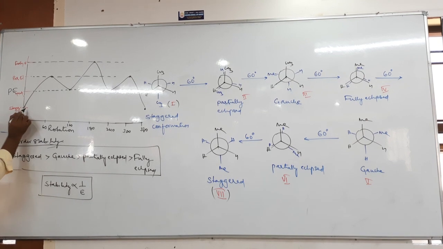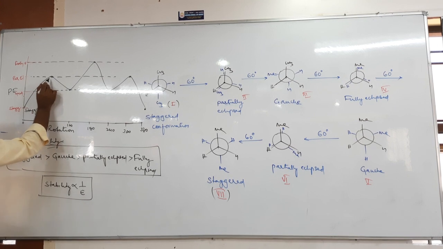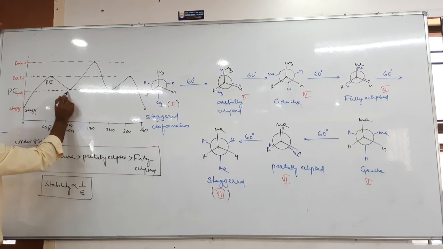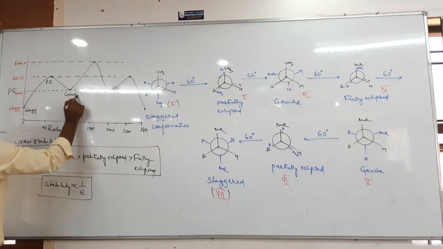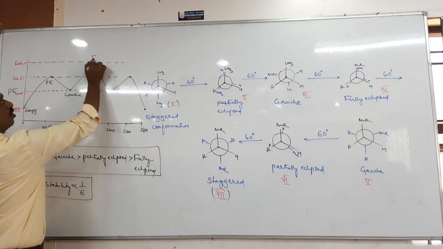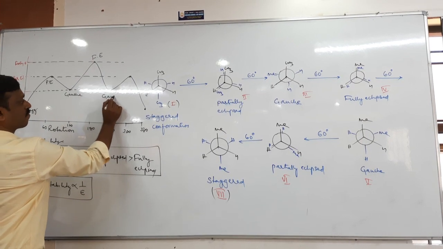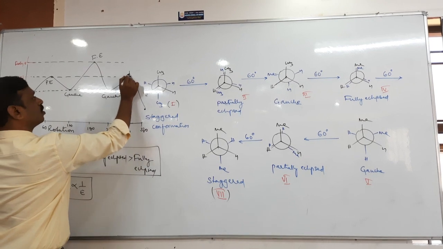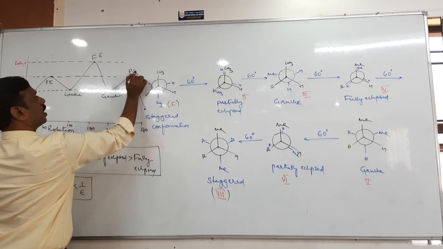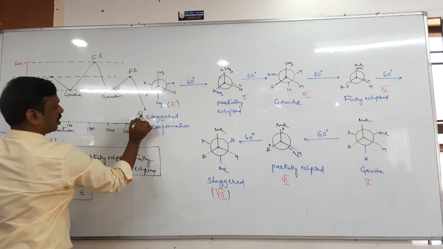This is staggered. Here is partially eclipsed. Here is gauche. Here is fully eclipsed. Here is partially eclipsed. Here is staggered.